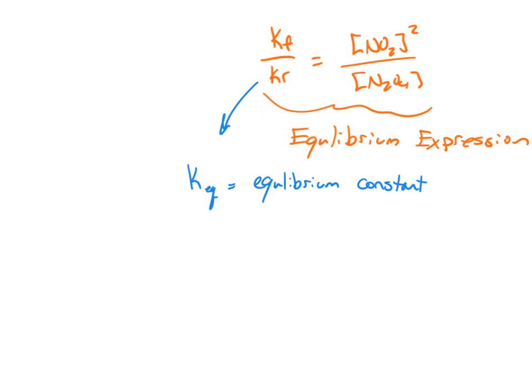And so you always express an equilibrium expression as Keq equals products over reactants. Now when it comes to writing out an equilibrium expression, the state of matter matters, but we'll get into that in a little while. But as far as you need to know right now, the equilibrium expression, Keq, which is derived from the K forward over the K reverse of the kinetics constants, is equal to the products of the forward over the reactants of the forward.